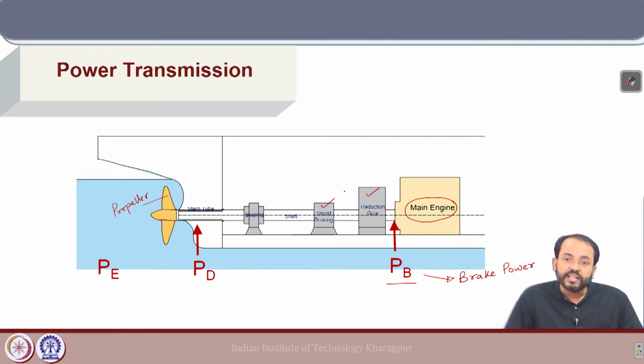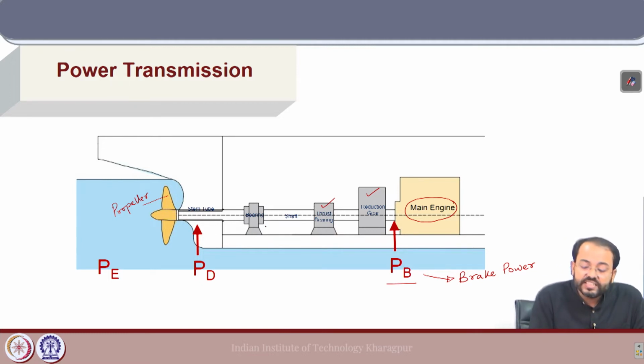The propeller generates a thrust which takes the ship forward, and this thrust force has to be transmitted to the ship hull. This is done using the thrust bearing, sometimes also called the thrust box for certain ships. There are other bearings involved for this shaft, and finally the shaft passes through the stern tube at the aft end of the ship and is connected to the propeller.